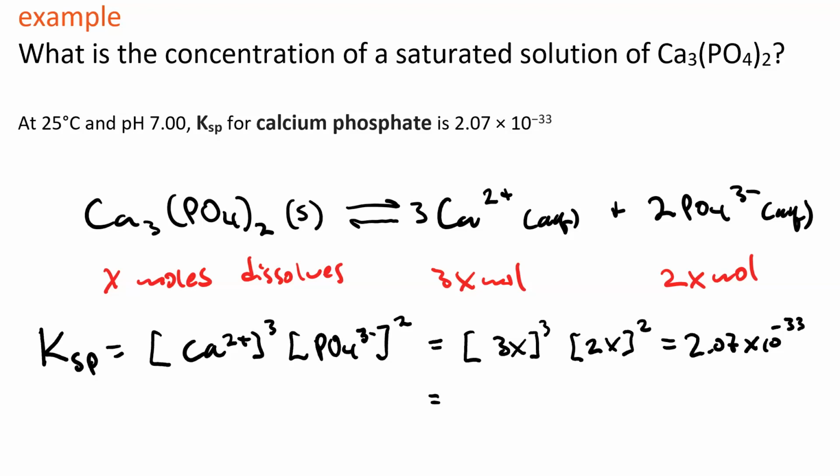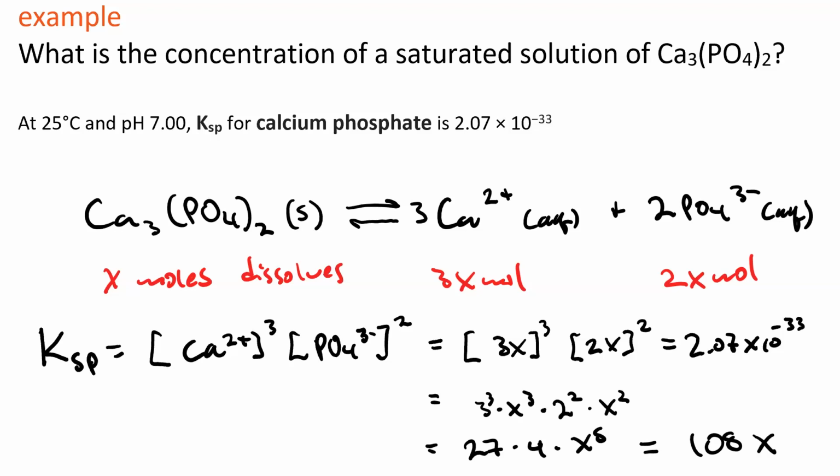So this equals 3 cubed times x cubed times 2 squared times x squared. 3 cubed is 27. 2 squared is 4. And x cubed times x squared is x to the 5th. So we get 108 x to the 5th power.